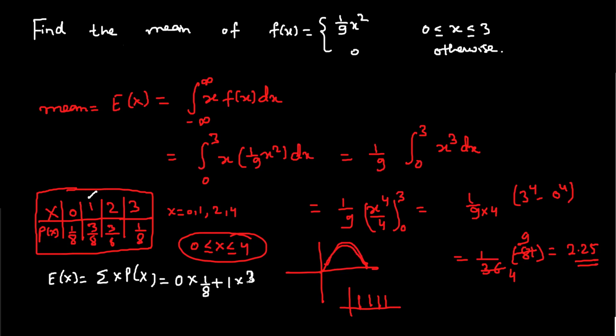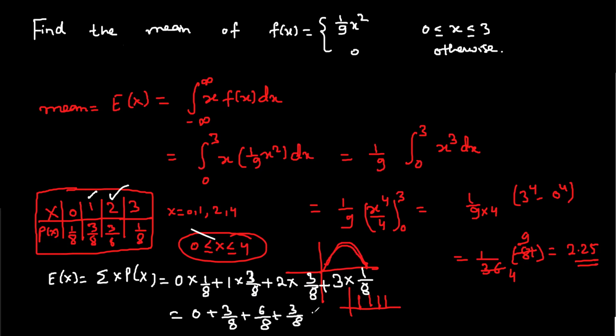Always multiply x with its probability and add all these. Next, the random variable is 3 and its probability is 1 over 8. So 0, 3 over 8, 6 over 8, 3 over 8, that's 12 over 8, which is 3 over 2, 1.5.